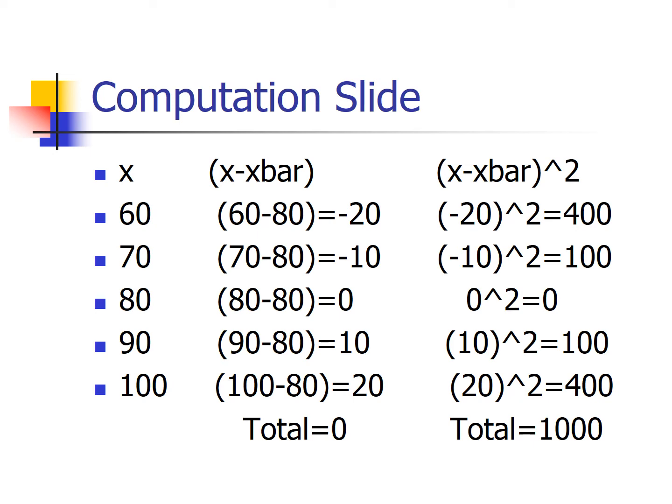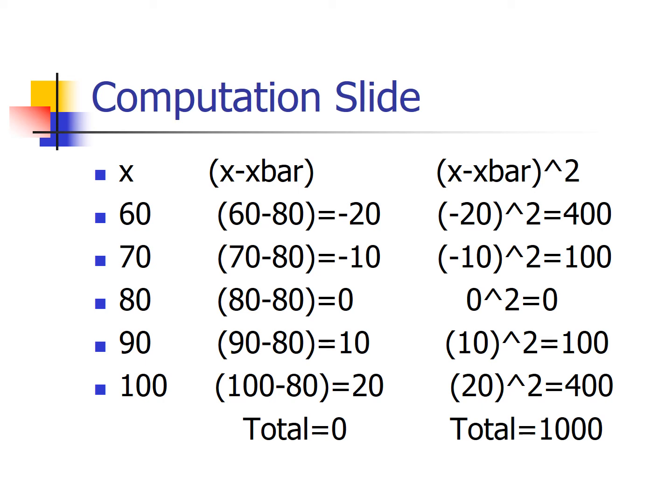So here I made a table, and it might look a little crazy at first, but it's a nice, relatively easy way of calculating this variance. So the leftmost column that is titled X, that's just the observations. So we had 5 of them. We had a 60, a 70, an 80, a 90, and 100.